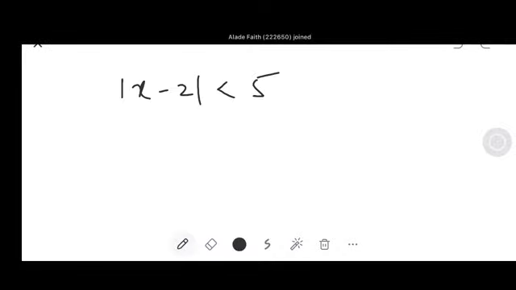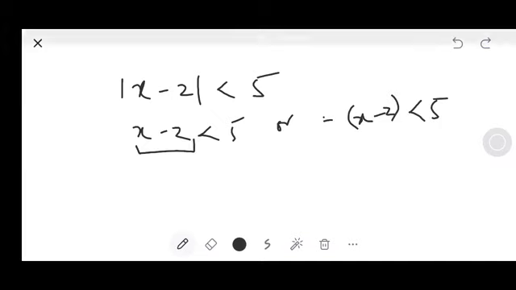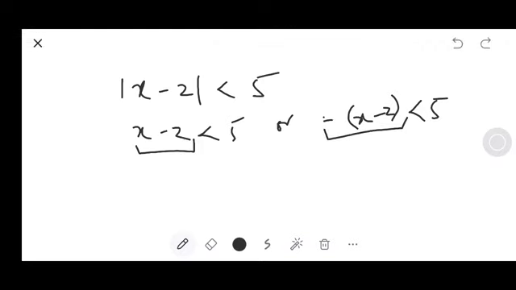What we do here is just to say either x minus 2, that is positive, is less than 5, or negative x minus 2 is less than 5. So considering whether x minus 2 is positive or negative, this is because of the property of the absolute value function. But this is not what we are talking about.